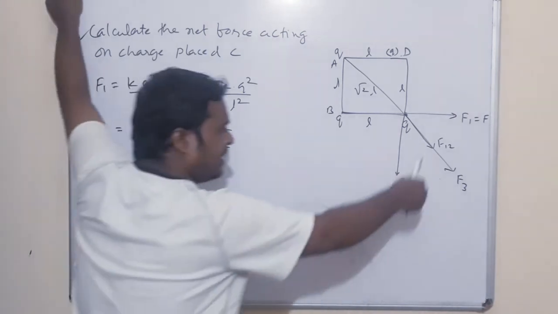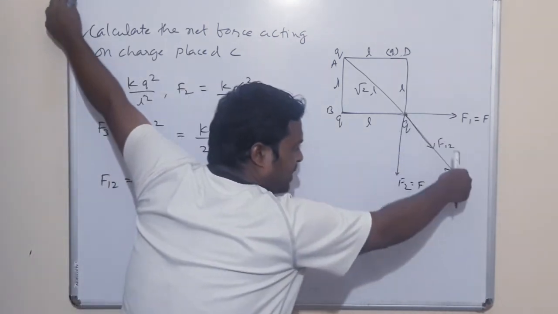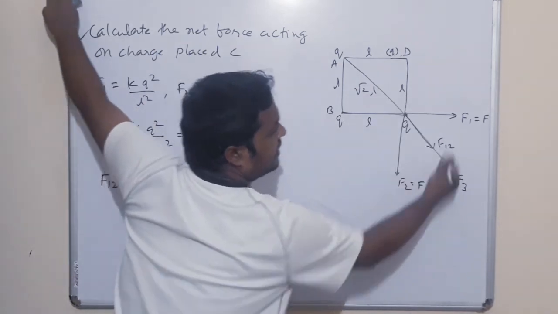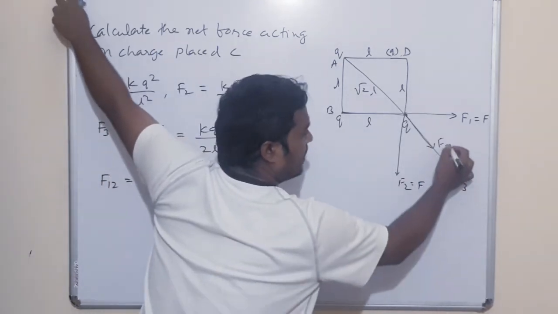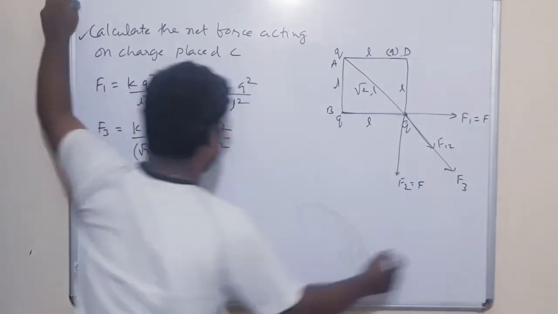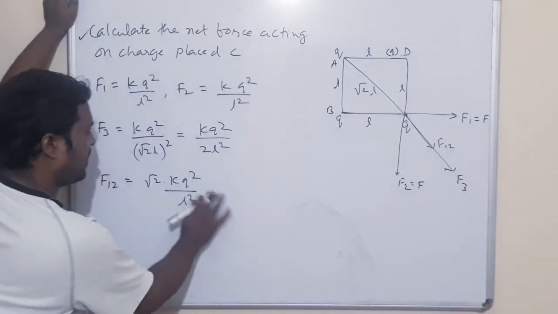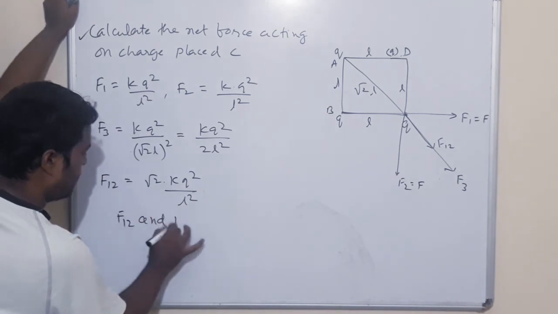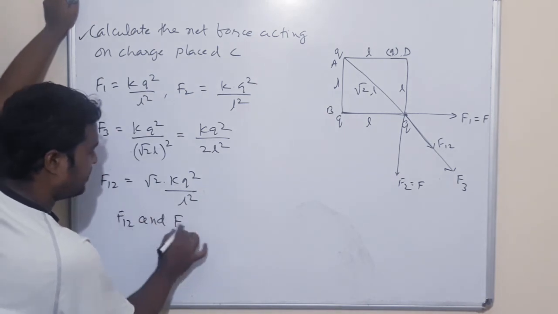Now you see F12 and F3 are different in magnitudes, but along the same direction. What is the angle between F12 and F3? They are in the same direction. The angle between them is 0 degrees.